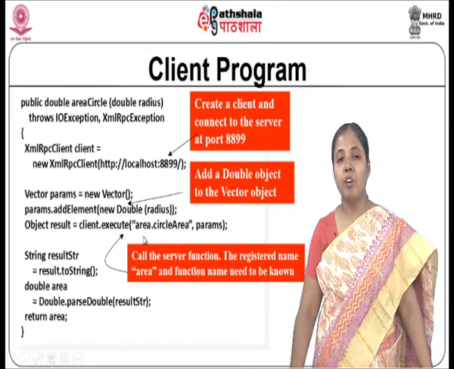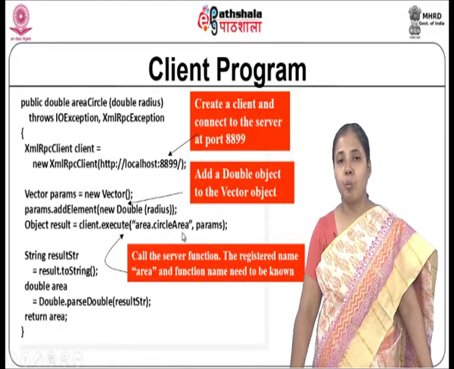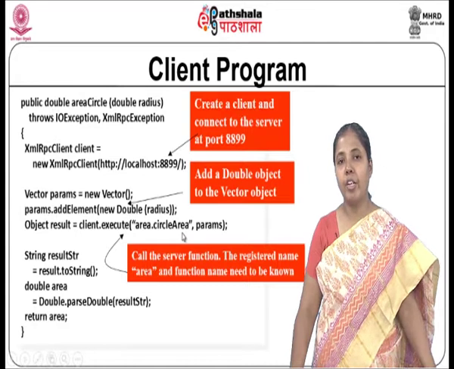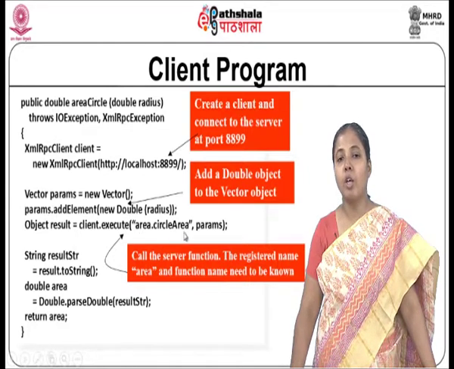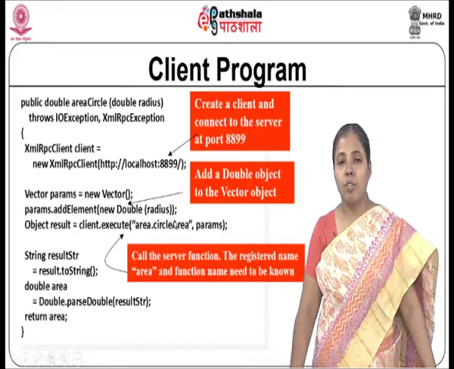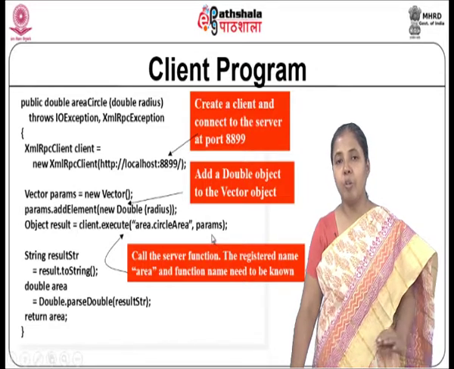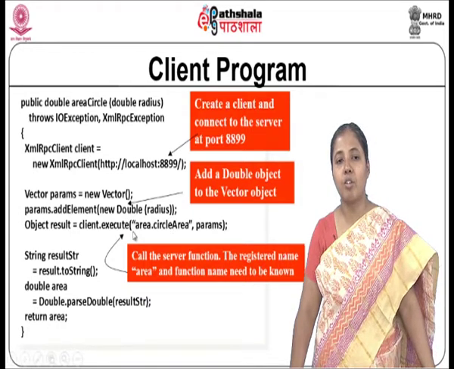The registered function name is area, and you also need to know the name of the procedure. The name of the procedure is circleArea, which we have defined there. So, the registered function name is area dot circleArea, and to this function you have to pass the params. Params is a vector object.